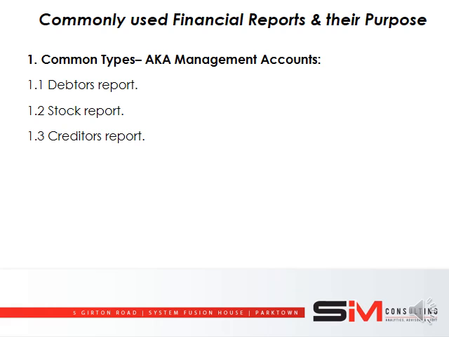Why are the three referred to as working capital reports? These are the reports which carry information about debtors, stock and creditors, which are the areas in which, in most cases, the cash of the business is tied in.